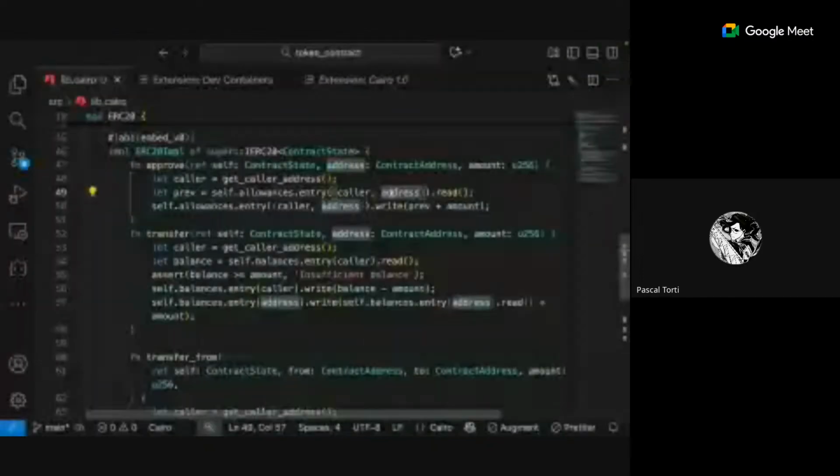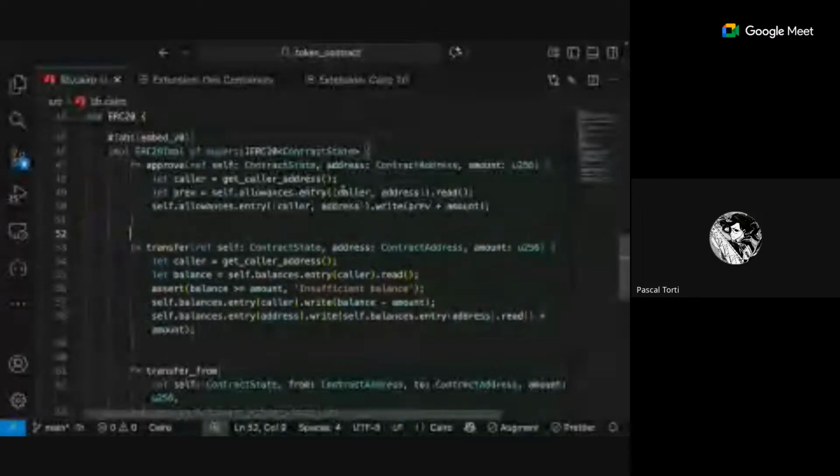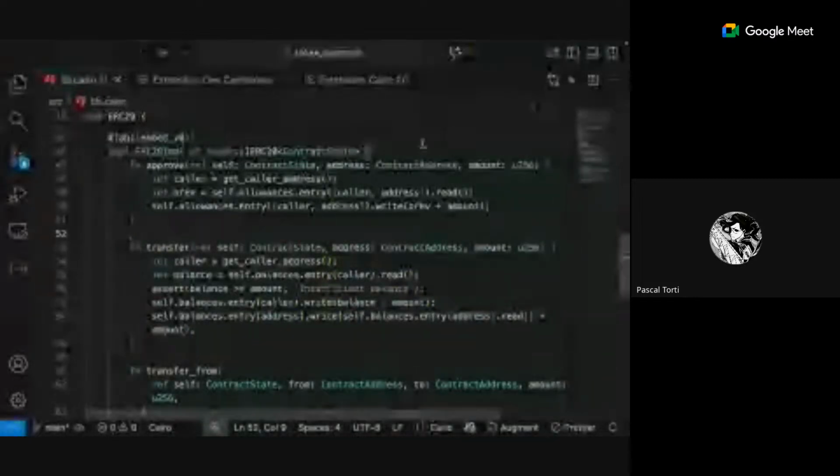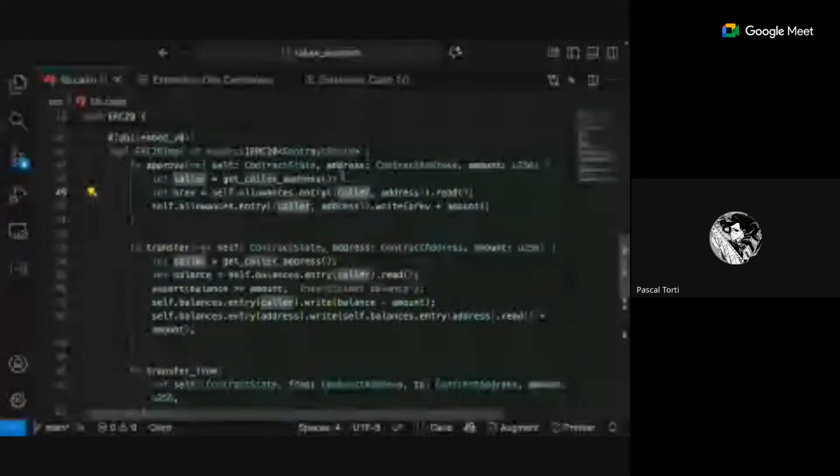So now, for example, let's get through this together. Now we have the color.